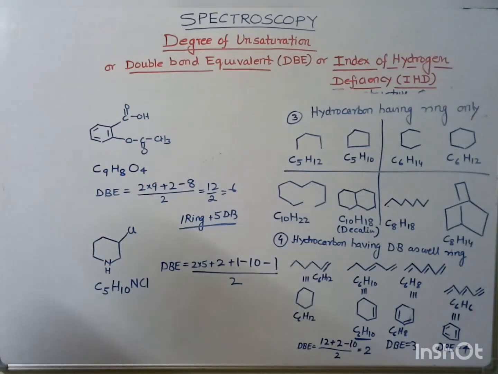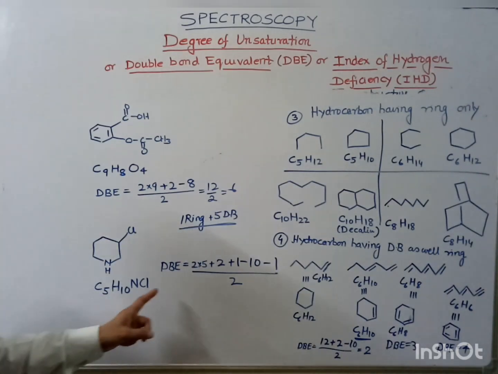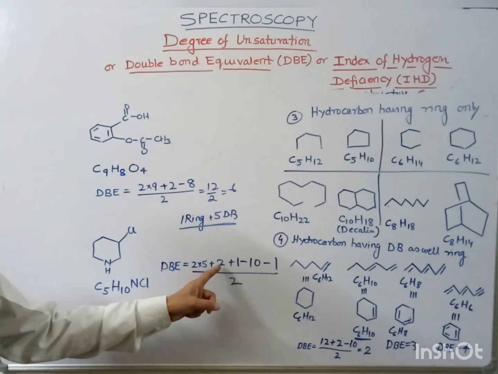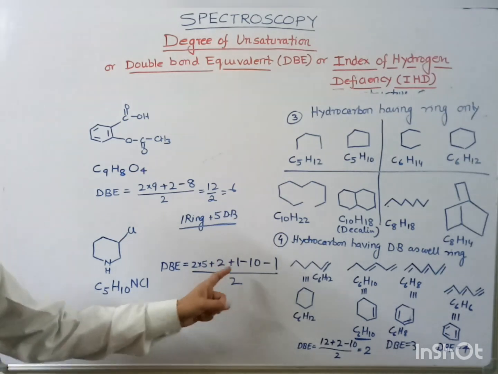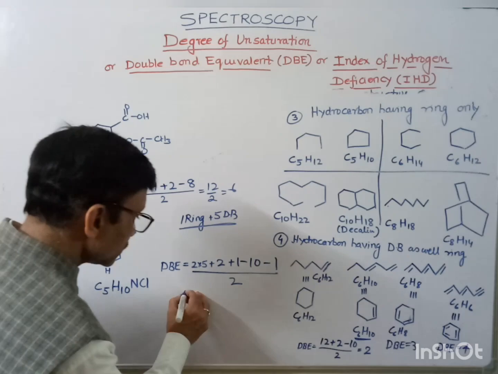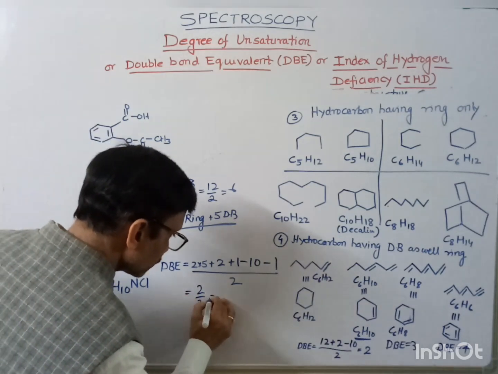So 10 and 2 is 12, and 1 more is 13. 13 minus 11 is 2, so this is 2 divided by 2, which equals 1.